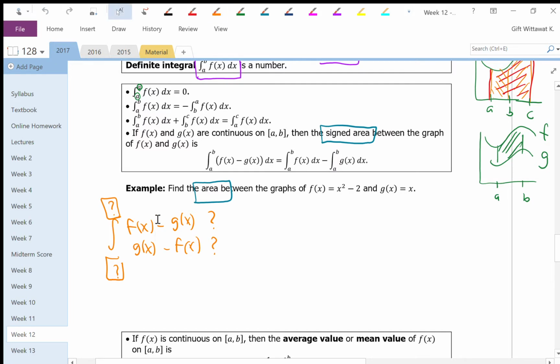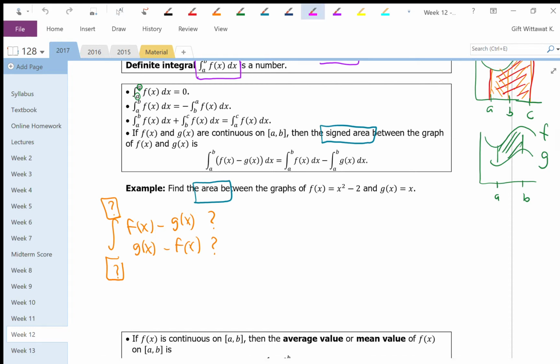So it seems like there's too much confusion going on. It seems like I should actually just look at the graph of this guy first. So maybe that graph will tell me what the endpoints are and which function to subtract from which.